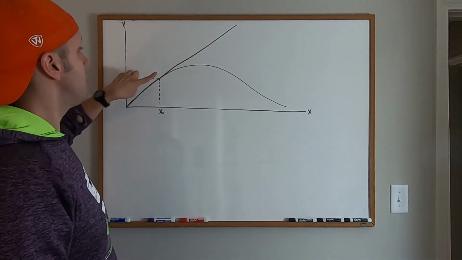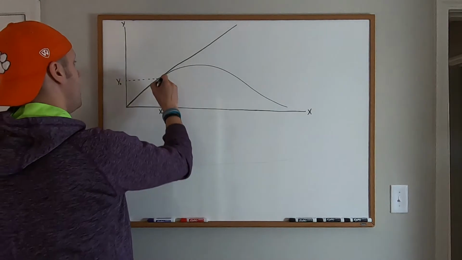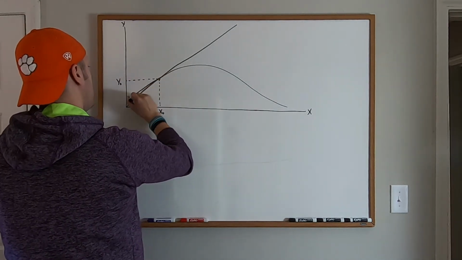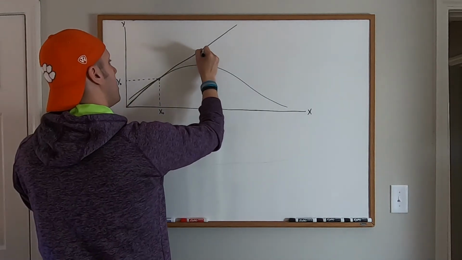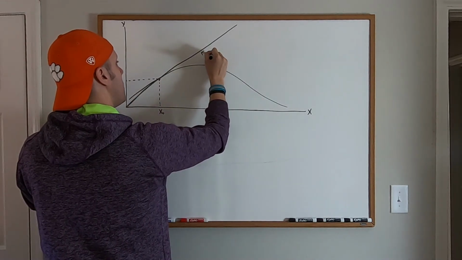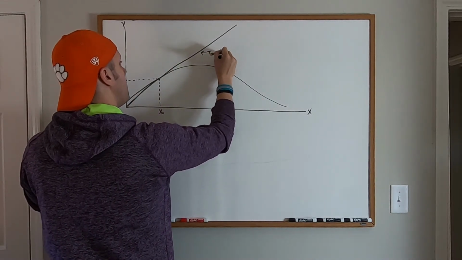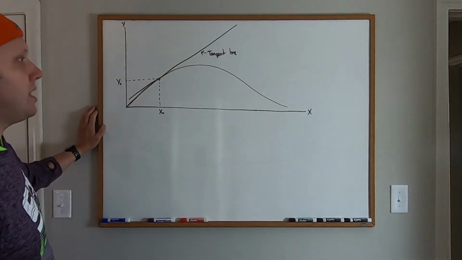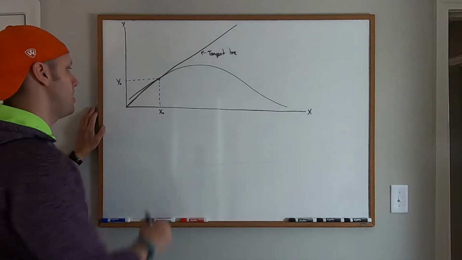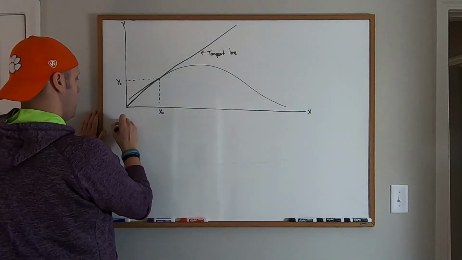All right, that straight line, you can draw it this way too, like that, is what's known as a tangent line. This tangent line is going to give me the instantaneous rate of change of this golf ball.